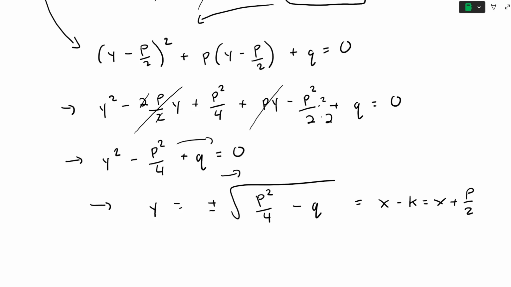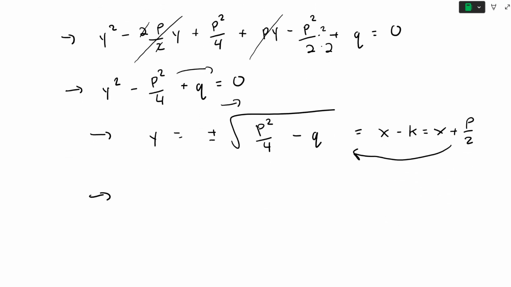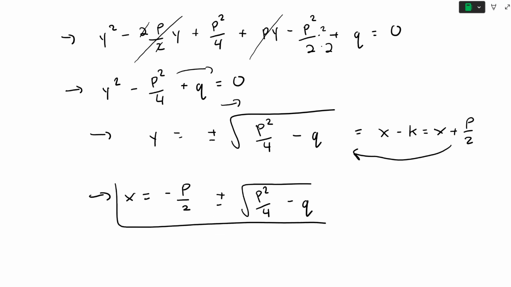So now this one we could shift over to the other side, and we solve for x. So x is going to equal negative p over 2 plus or minus the square root of p squared over 4 minus q. Alright, so now I'm just going to box this in.